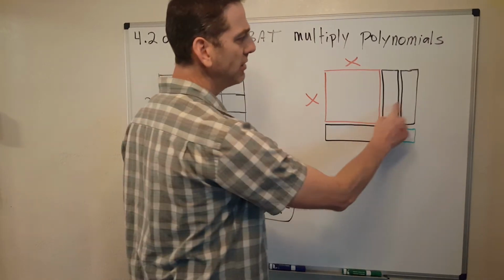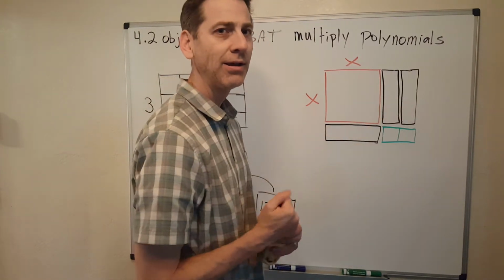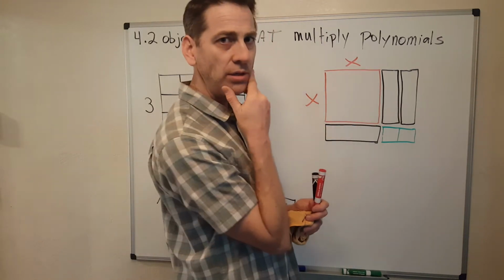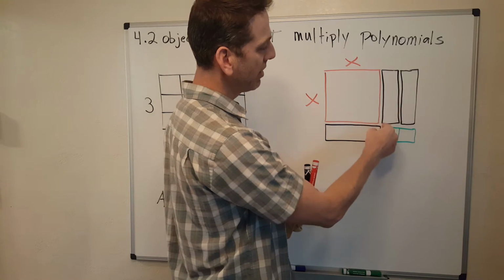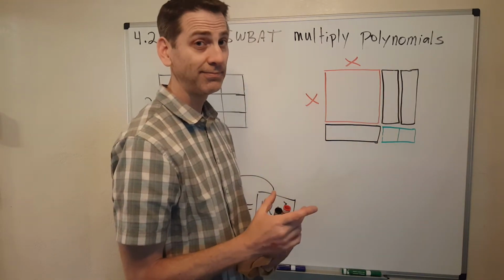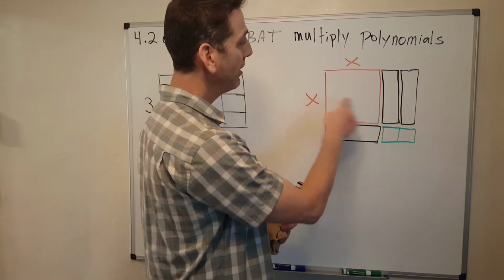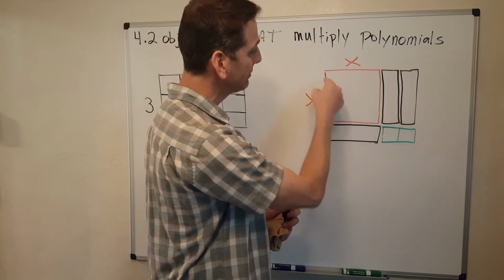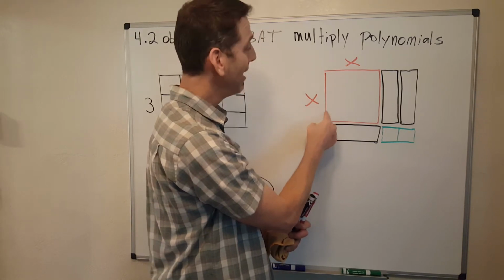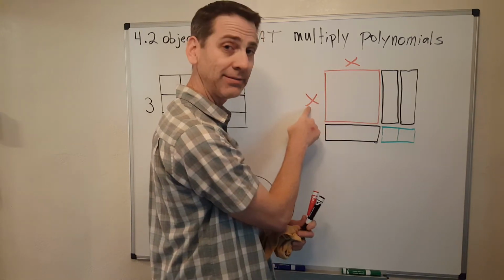Now look at these 3 black rectangles. What do I know about the length or the height of that rectangle? Well, I know that the height of that rectangle is the same as the height of this square, right? And the height of this square is x.